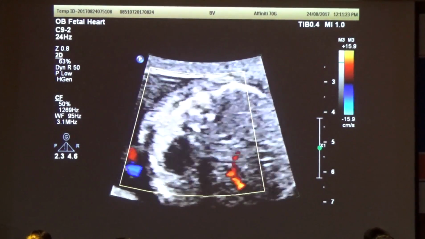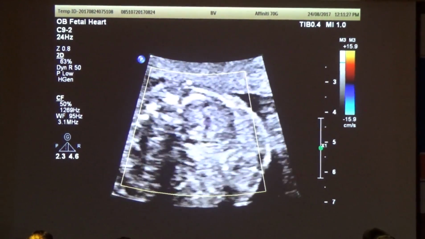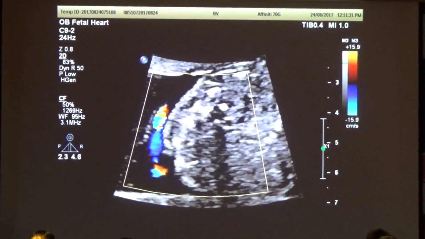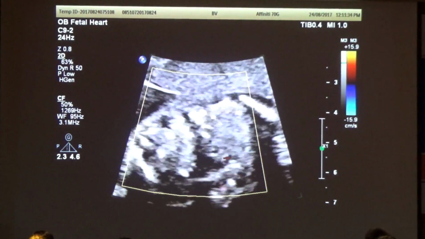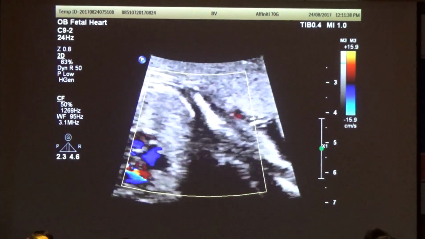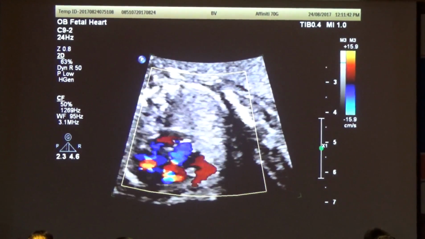So we're looking at some cystic structure in the heart. Can we get better imaging now on the heart?